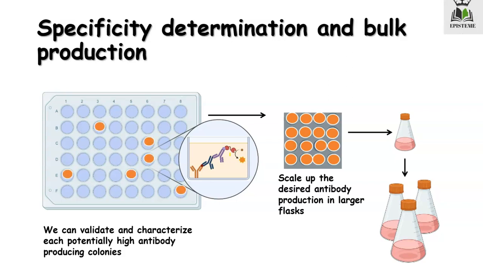From the sandwich ELISA, we get a chromogenic response which helps to identify how specific and potent our antibody producing colonies are, and we can validate and characterize them, and we can isolate those specific potent colonies in a separate chamber, and we can scale them up in larger flasks, and then we can use them for targeted treatments. So this is all about the monoclonal antibodies.